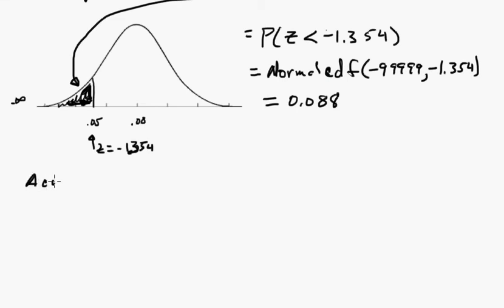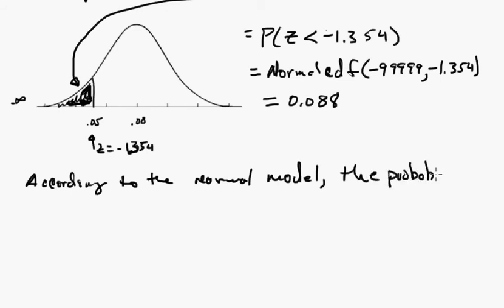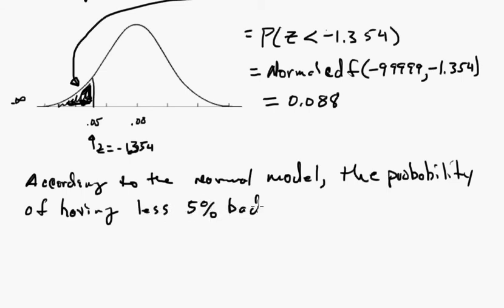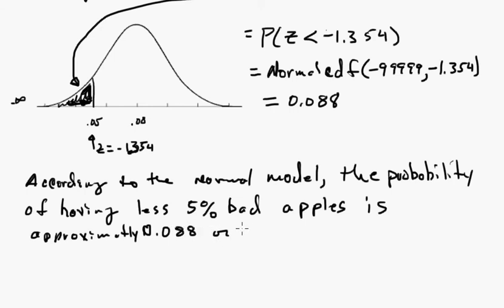So according to the normal model, the probability of having less than 5% bad apples is approximately 0.088, or maybe 8.8% of the time.